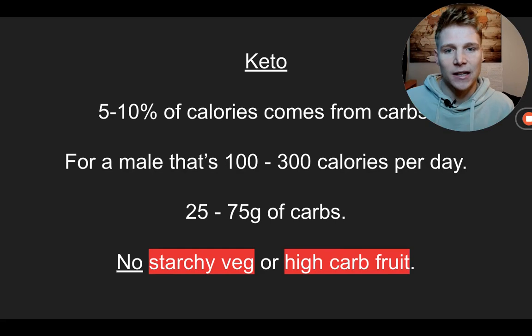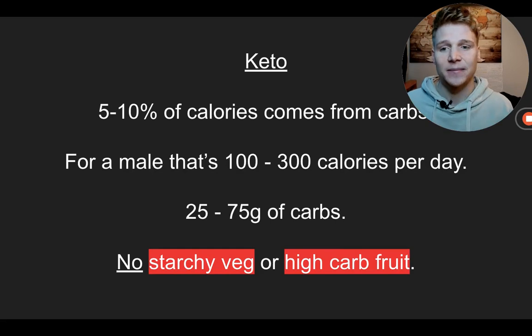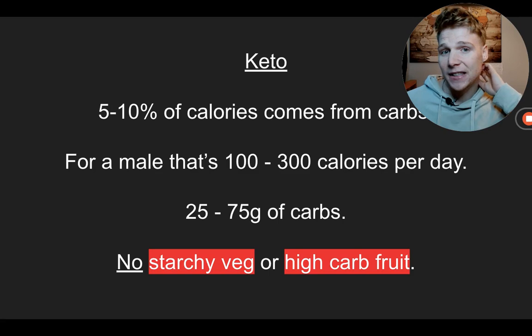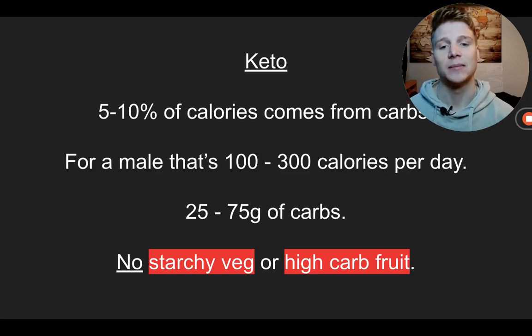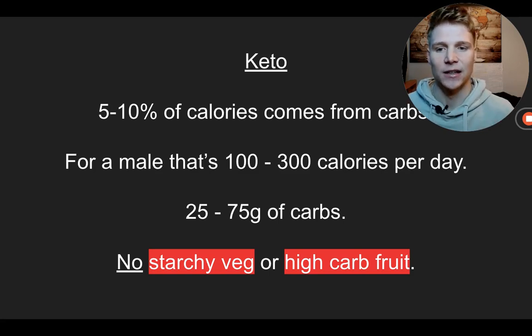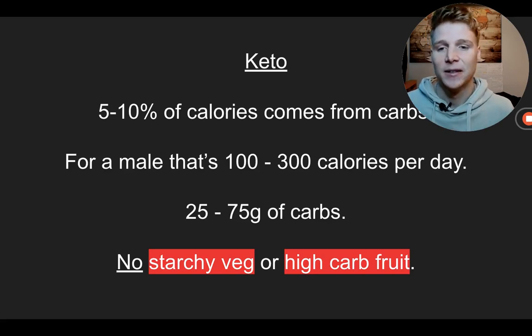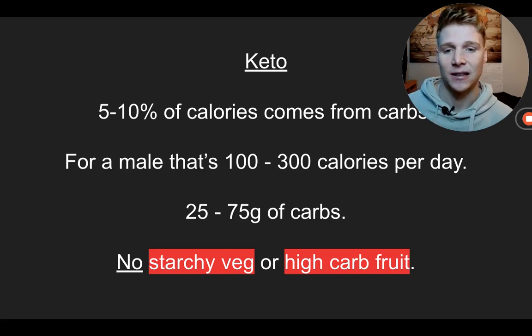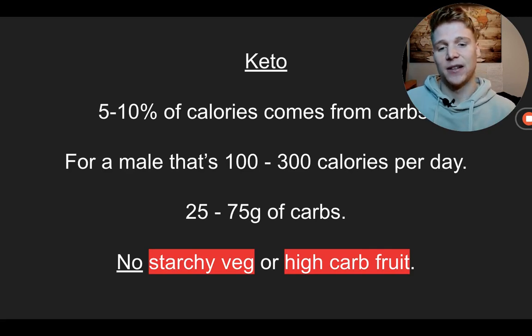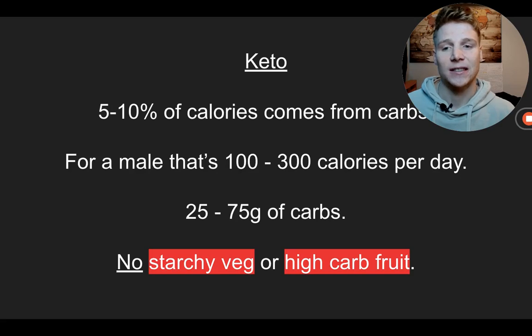So keto diet, or ketogenic diet, is 5 to 10% of calories from carbs. So a bit more than the Atkins. I'm not sure if the Atkins might build up to this sort of level, but initially, with the Atkins, you start much lower than this. So for an average male, that's around 100 to 300 calories per day from carbs, which again isn't a lot.